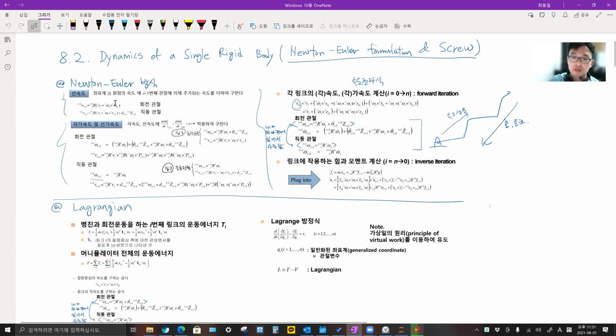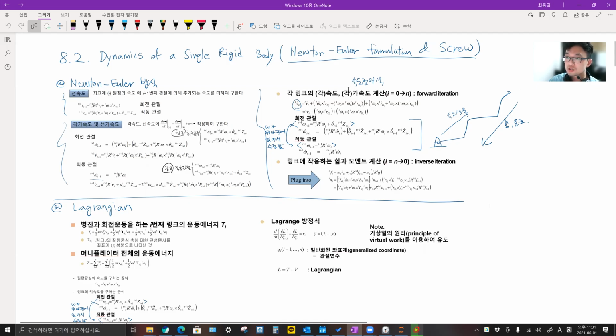So if you start from I equal 0 to I equal n, then you can find the velocity component from link 0 to link n. And then once you calculate the velocity components, you can calculate force and moment from the end to the base.